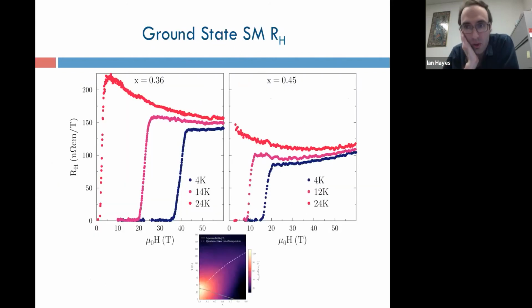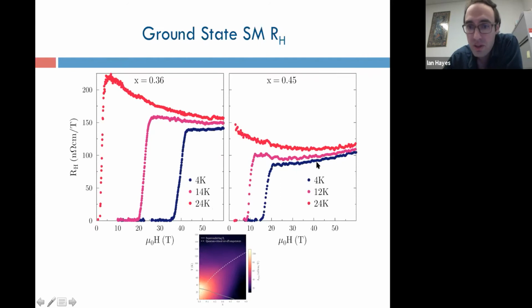So let me start by showing you what the data looks like at low temperatures. These are just slightly overdoped samples, 36 and 45% phosphorus doping, so they live around here. You can see a strong decrease in RH at moderate temperatures of 25 Kelvin or so. And then that decrease definitely weakens as you go to lower temperatures.